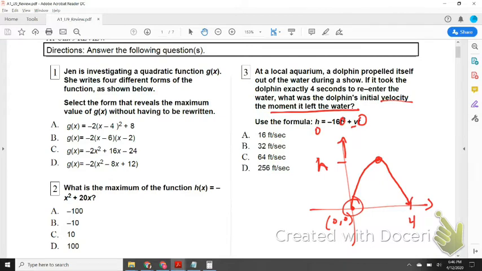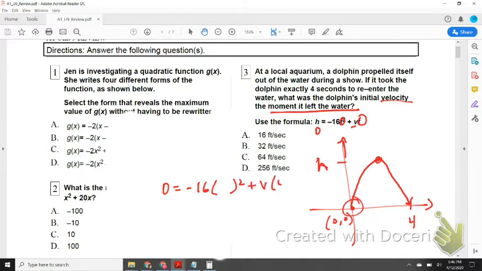So when you're actually solving this, let me create some space over here. When you're solving this, your h value is going to be 0 equals negative 16t squared plus v times, in this case, it's going to be 4. T is going to be 4 because that's how many seconds it's been out of the water.